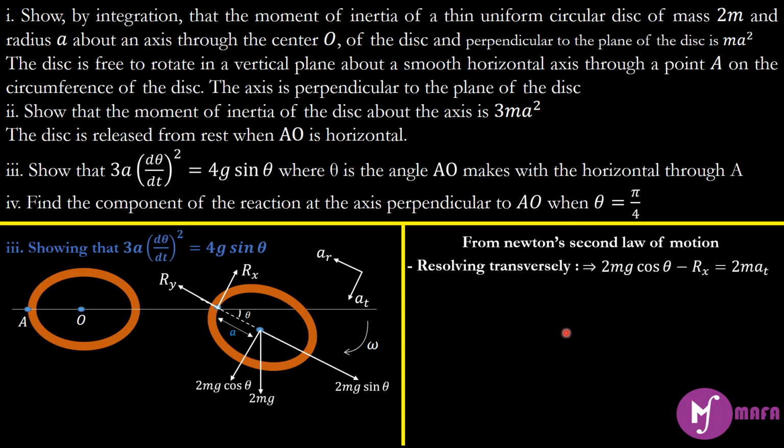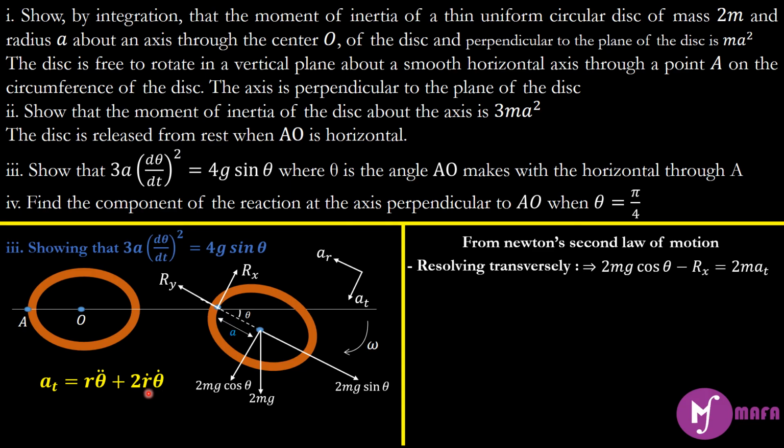Resolving transversely, we take the resultant force and equate it to the mass times the acceleration in that direction. The resultant force is simply 2mg cos theta minus RX, equal to the mass, which is 2m, times the transverse acceleration. But in the previous question, we saw that the transverse acceleration is r theta double dot plus 2 r dot theta dot.